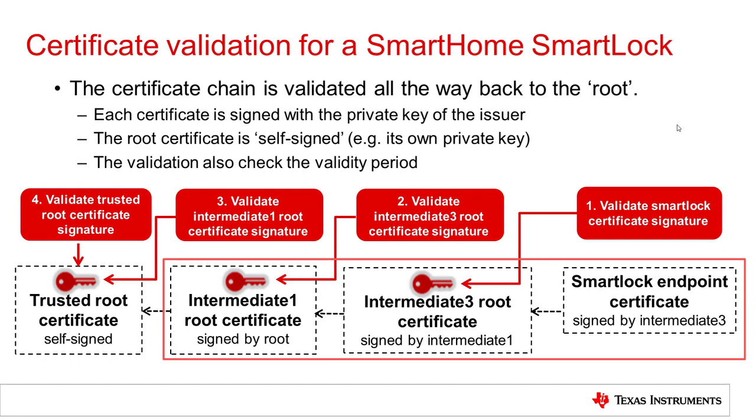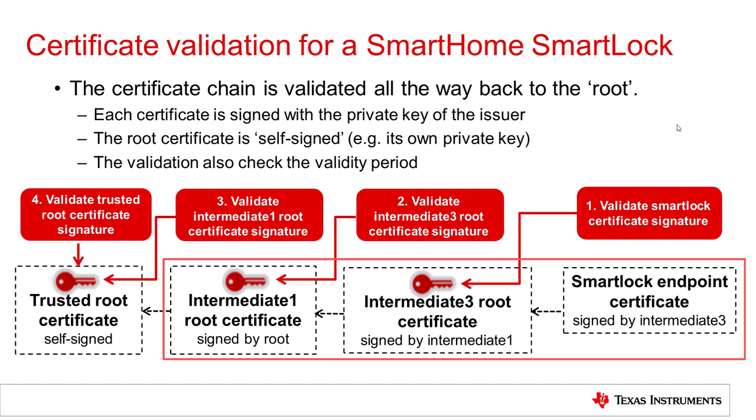If they match, at this point it knows that smart lock's endpoint certificate was indeed issued by intermediate 3 root certificate. And it'll then do the same process for intermediate 3 root certificate to validate that it was in fact issued by intermediate 1 root certificate. So you can see here we're walking up the chain to prove that smart lock's endpoint certificate really was issued by a trusted provider. Now when we get back to the trusted root certificate, that is not passed up in the certificate chain.